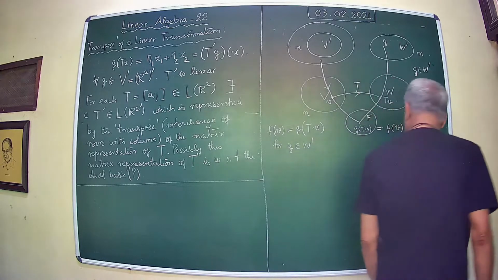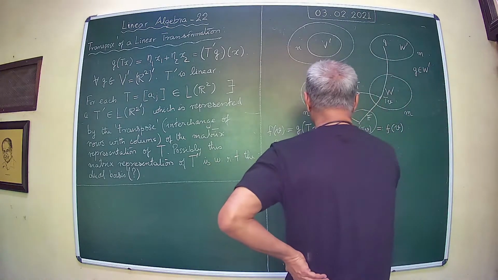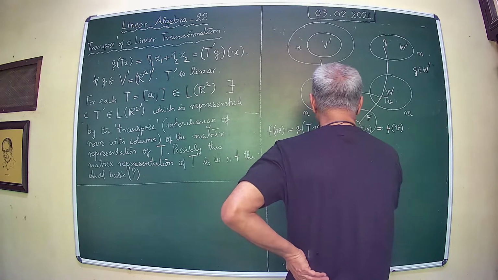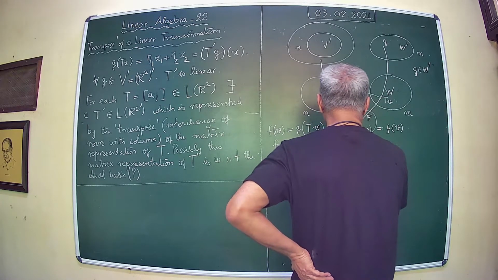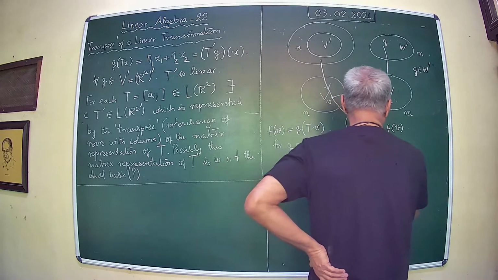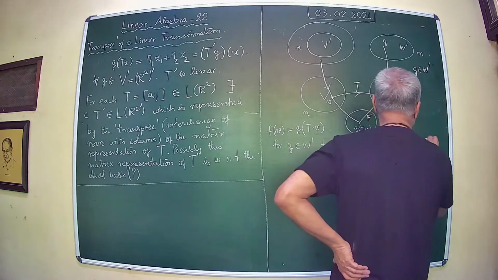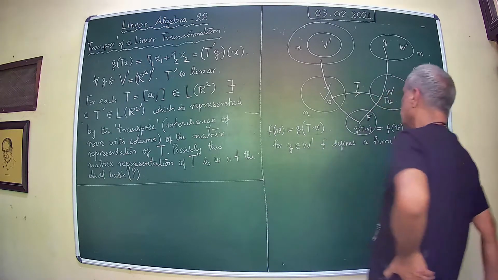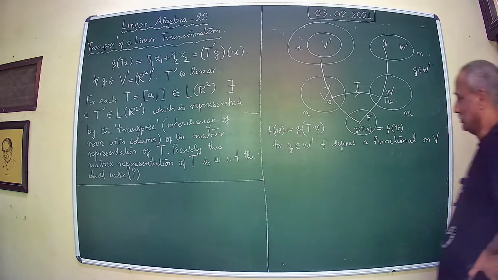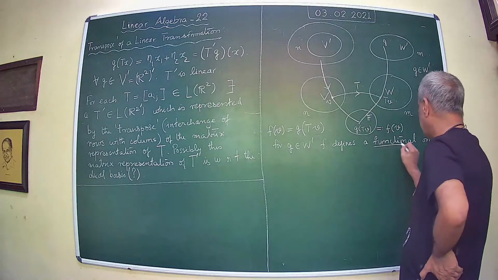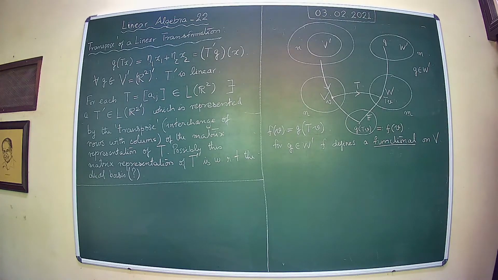Where does f belong to? Now you see that f defines a functional on V here because f is a scalar. So f defines a functional. I have not made any tall claims. I am yet to make some claims.